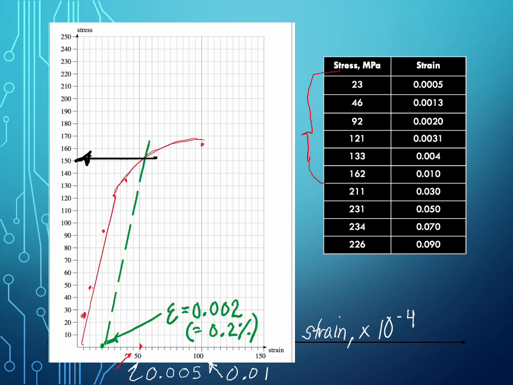There we are. So if I use this green line here for calculating slope, I just need to choose 2 points in the linear region, or 2 points on this curve for calculating modulus. So I'm going to choose this point and this point.